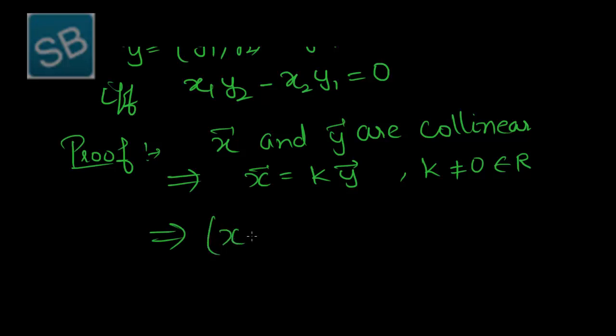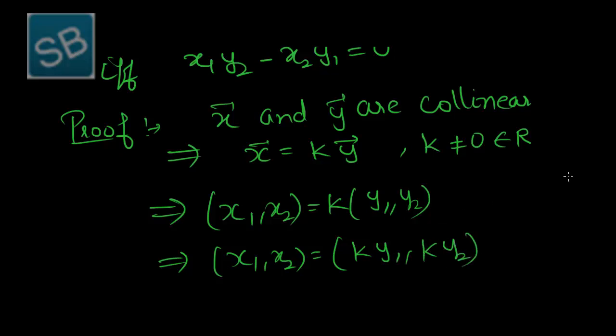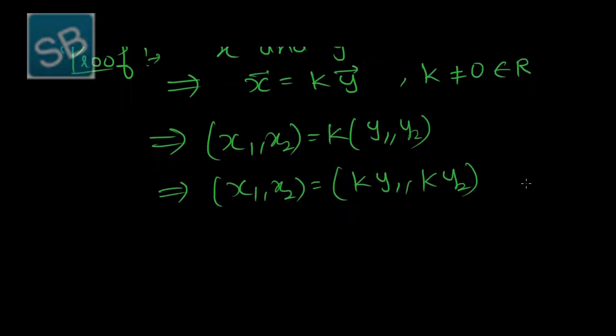So vector x is (x1, x2) equal to k times (y1, y2). That implies (x1, x2) equals (ky1, ky2) by scalar multiplication of k with a vector.